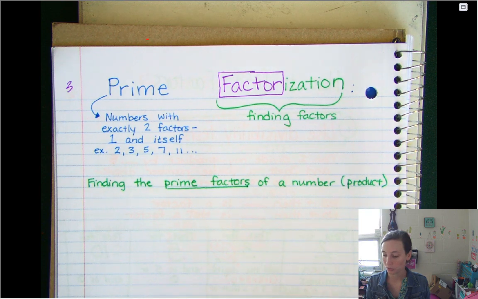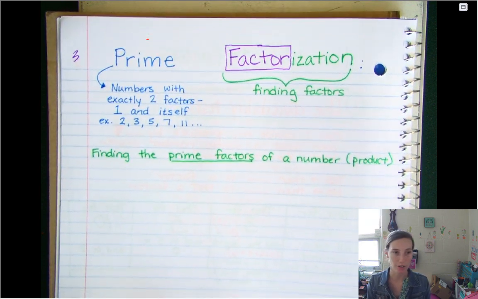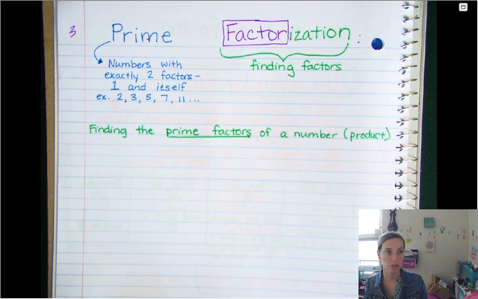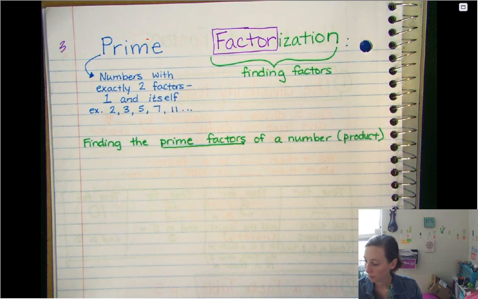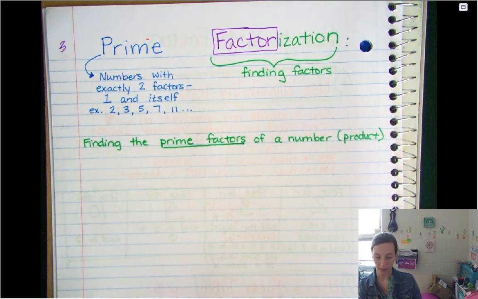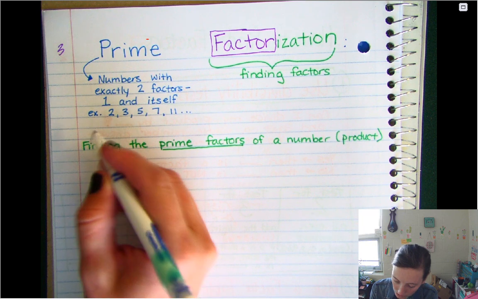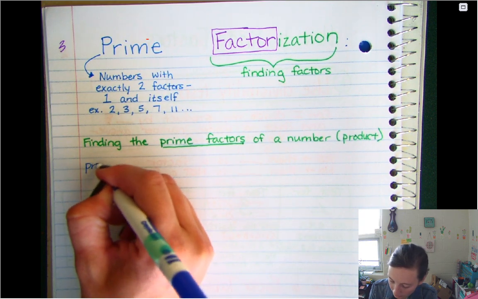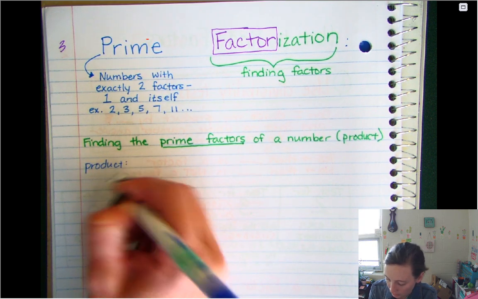So we have a strategy that we use when we do this, which is called a factor tree. But let's just start by picking a number like we did before. So I'll say our product that we're going to use is 10.